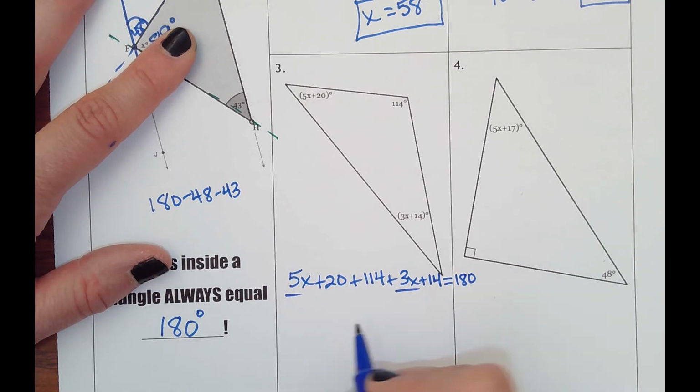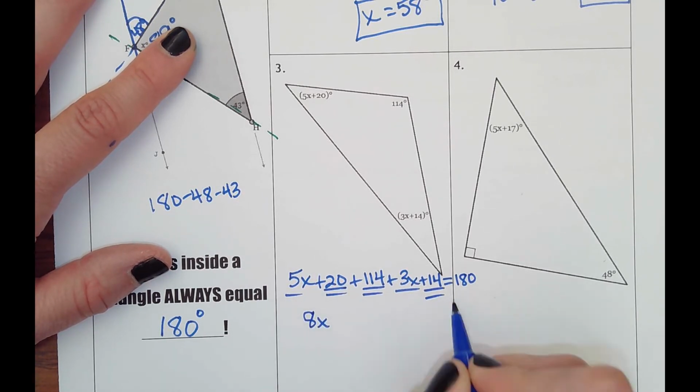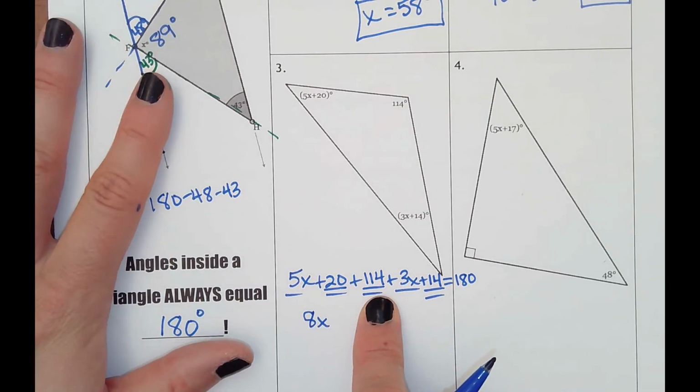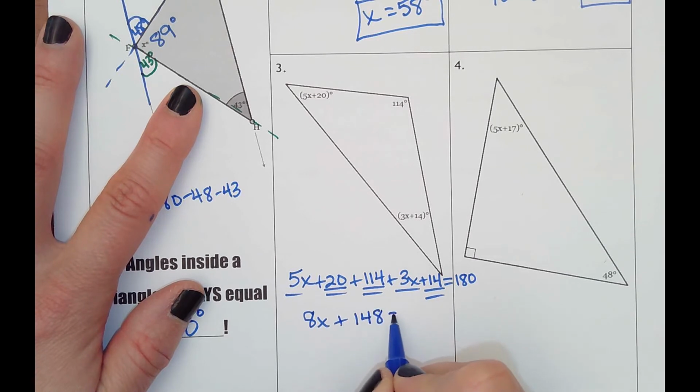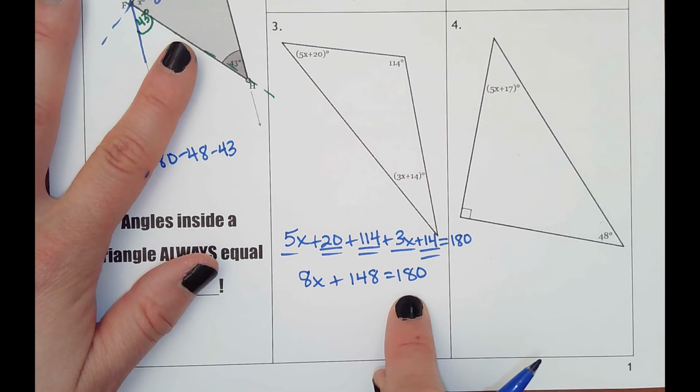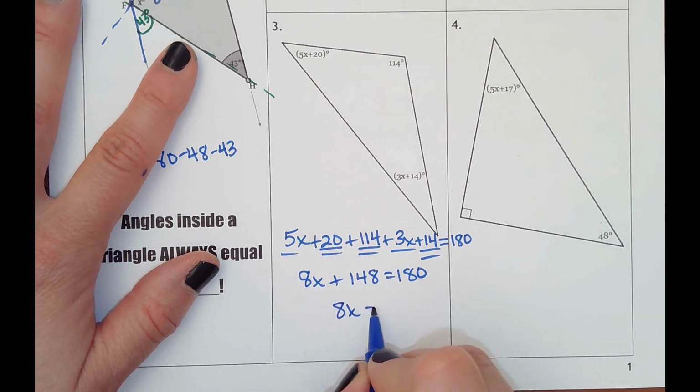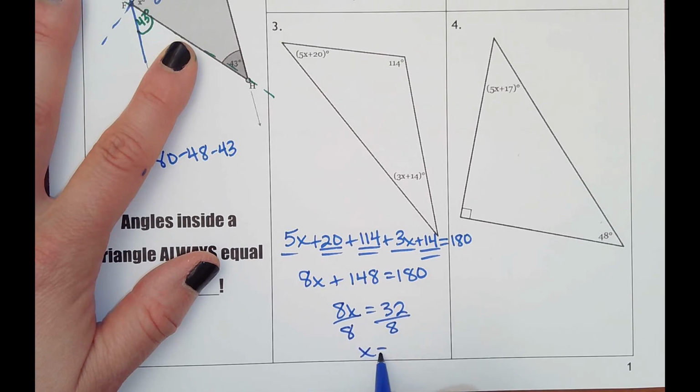Make sure you're combining your x terms, that would be 8x. Combine your constants. That would be 148. 180 minus 148 would be 32. And 32 divided by 8 would make x be 4.